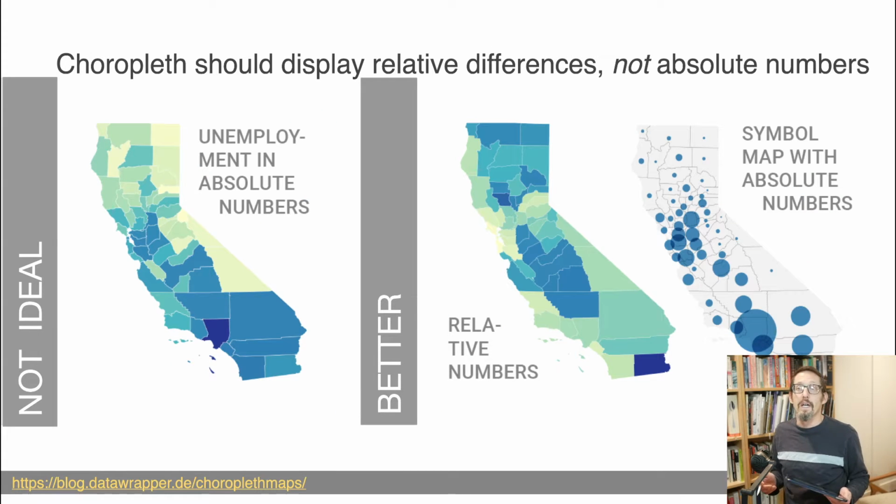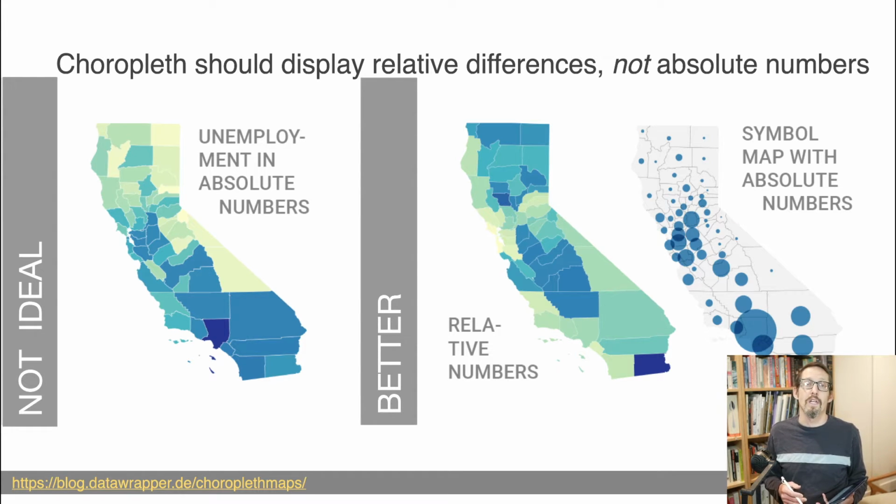All right. Another important thing with choropleth maps is that generally you should display relative differences, or as I like to call it, normalized data, right? What it means is that whatever we're measuring, if it's unemployment, we don't want to say 100,000 unemployed people.